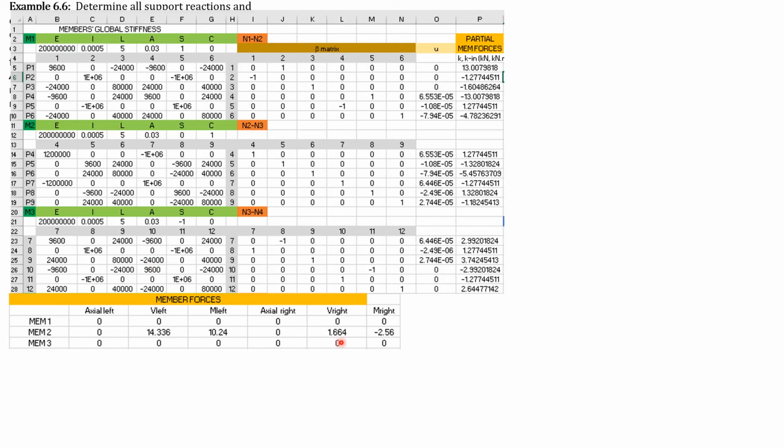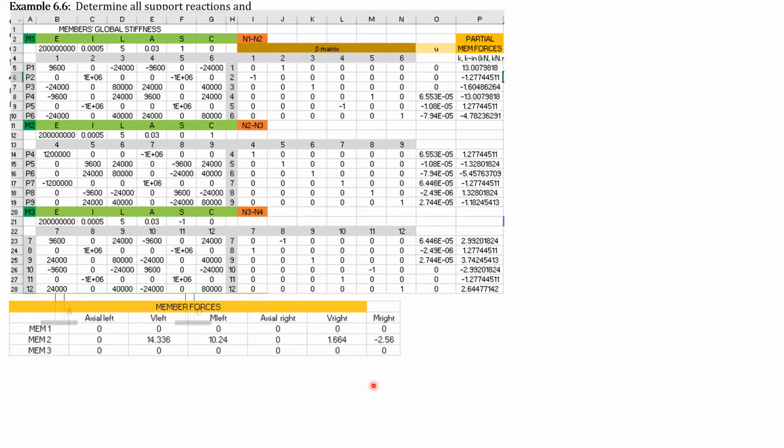Then here it's 1.664 because the load, which is I think 16, is close to B. So that's why we have greater force at B. If you add 14.336 and 1.664, that should be equal to 16. Then remember, these are fixed forces, and therefore the nodal forces would be opposite to these values.